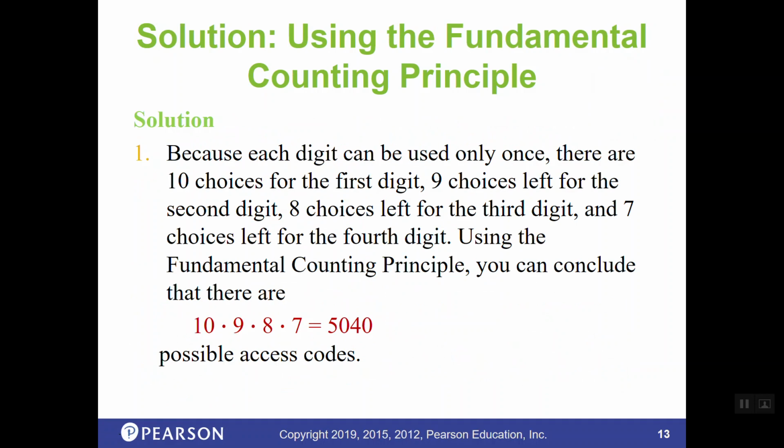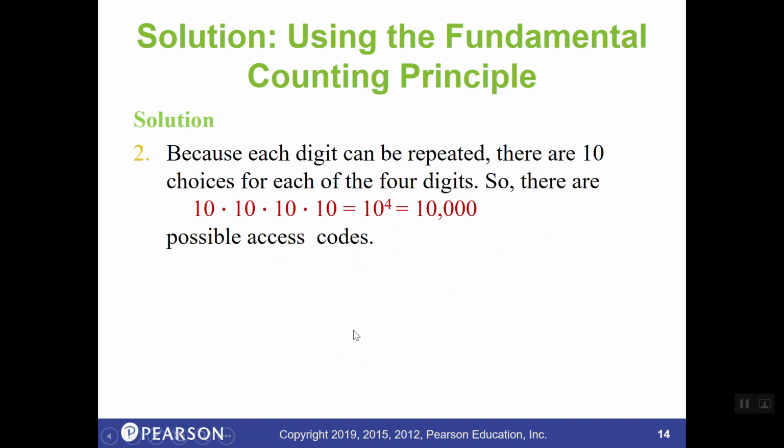And for the fourth number, you have 7 to choose from. Therefore, using the fundamental counting principle, you have 10 times 9 times 8 times 7. That is 5,040 possible access codes, possible choices, combinations, or ways.